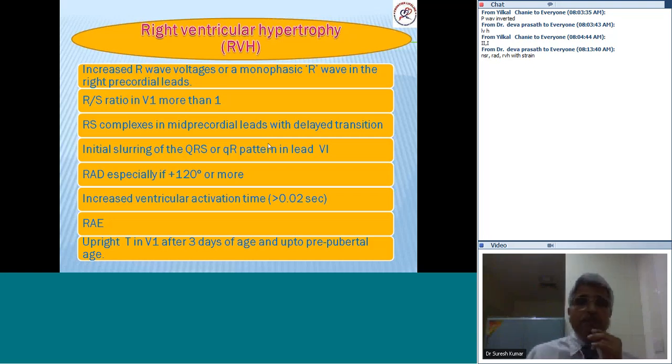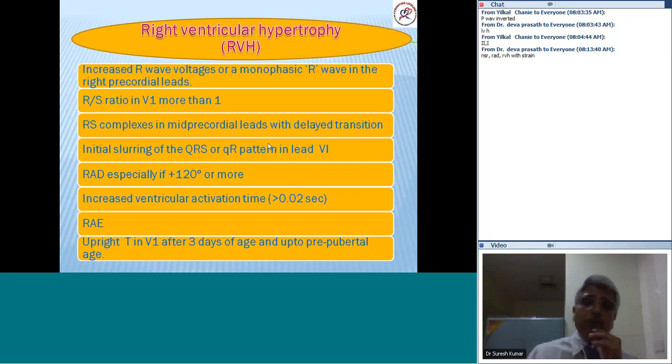If you find RS complexes in mid-precordial leads with a delayed transition, and if you find an initial slurring in the QRS or a QR pattern in V1, a significant prolongation of the ventricular activation time, that is the onset of the QRS complex to the peak of the QRS complex, associated right atrial enlargement, or an upright T in V1 after 3 days of age and up to prepubertal age.